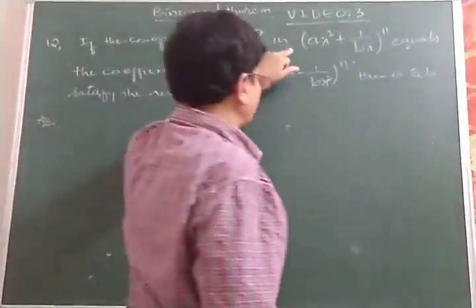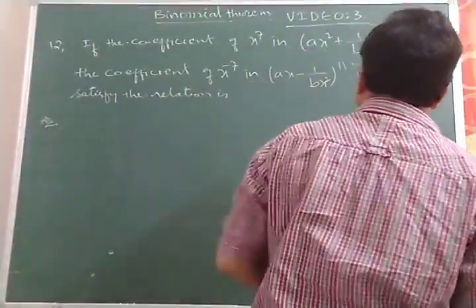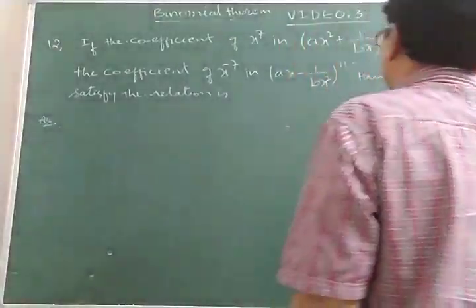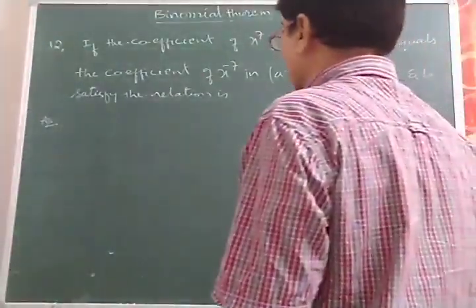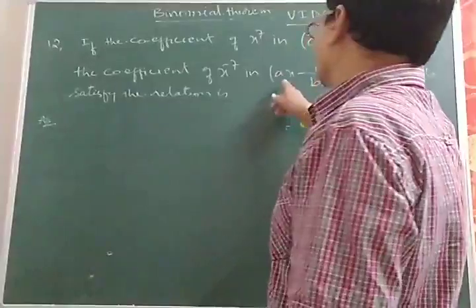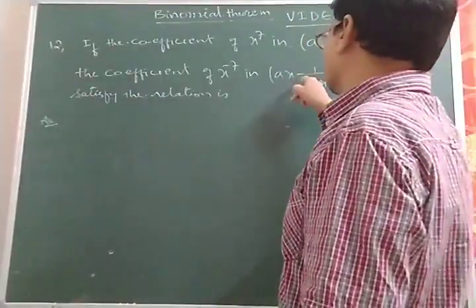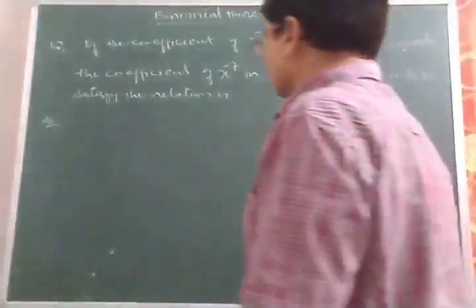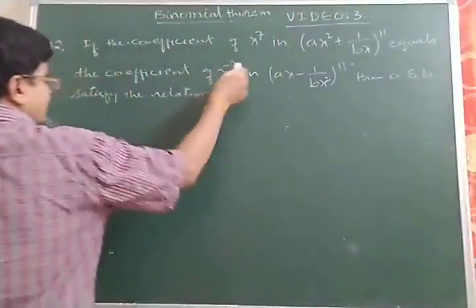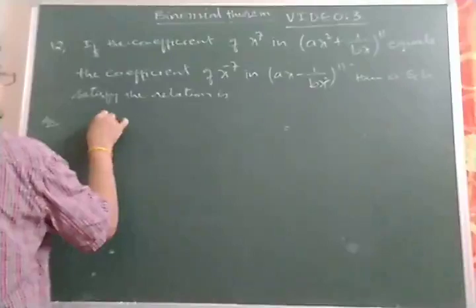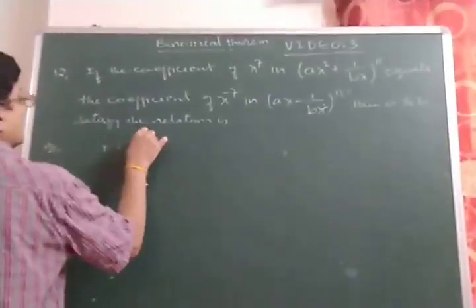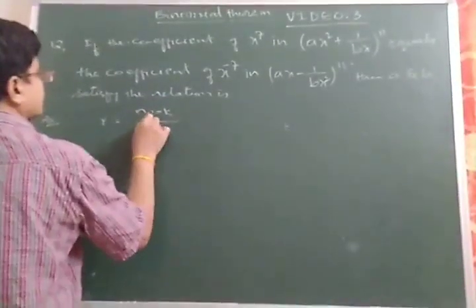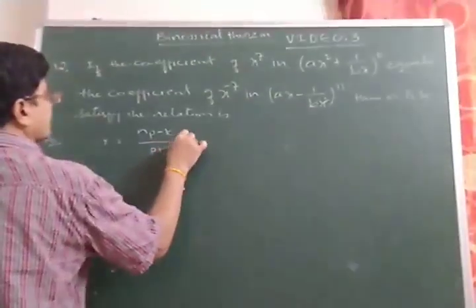The coefficient of x^7 in (ax² + 1/(bx))^11 equals the coefficient of x^(−7) in (ax − 1/(bx²))^11. Then a and b satisfy the relation. First of all, we find the rth term, r is equal to (np − k)/(p + q).